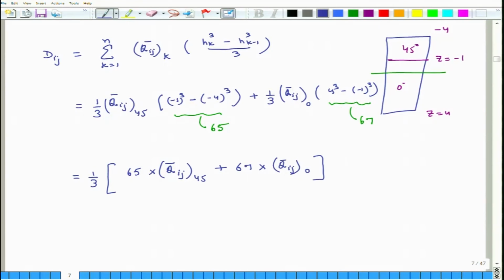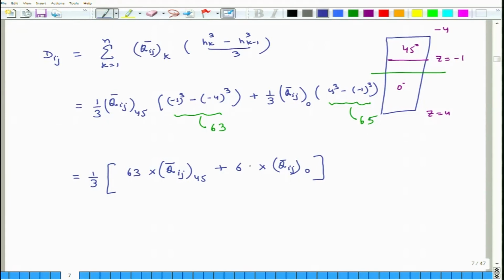Oh, I am sorry, 64 plus 1 is 65, and the other is minus 1 minus 64, which is minus 63. So, this is 63 and this is 65.